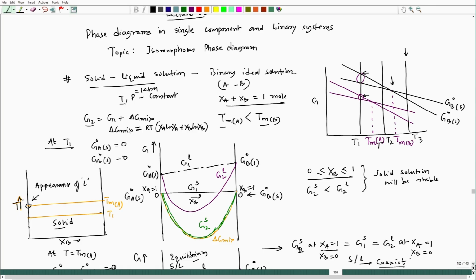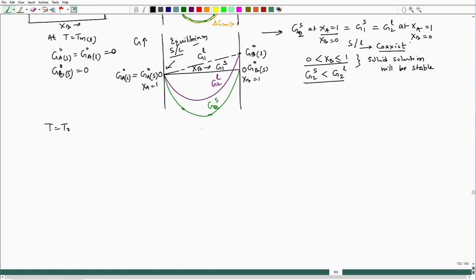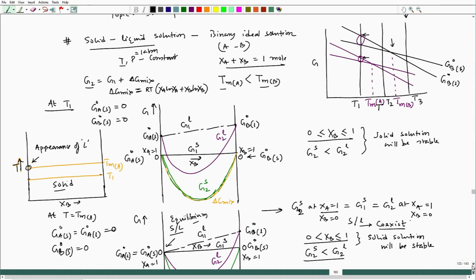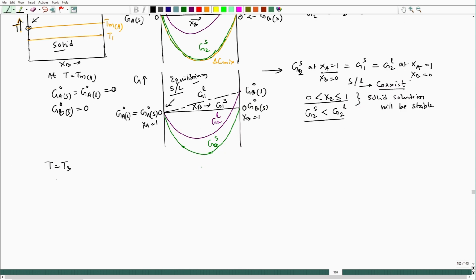So, if I draw for T equal to T3, you just match it with this G versus T plot for A and B. I will see that GA liquid should be considered as the 0 reference point, and GB naught liquid should also be taken as 0, because at T3, which is greater than TMB, both A and B in pure condition should remain liquid.